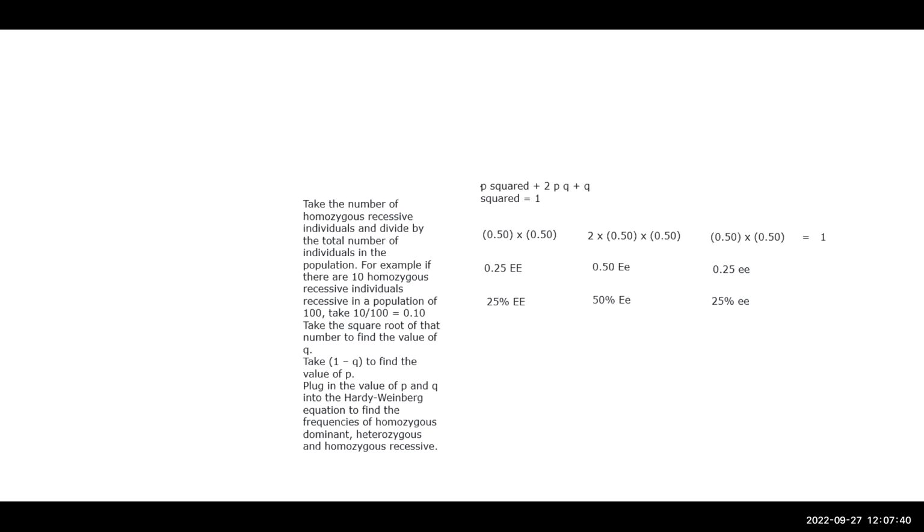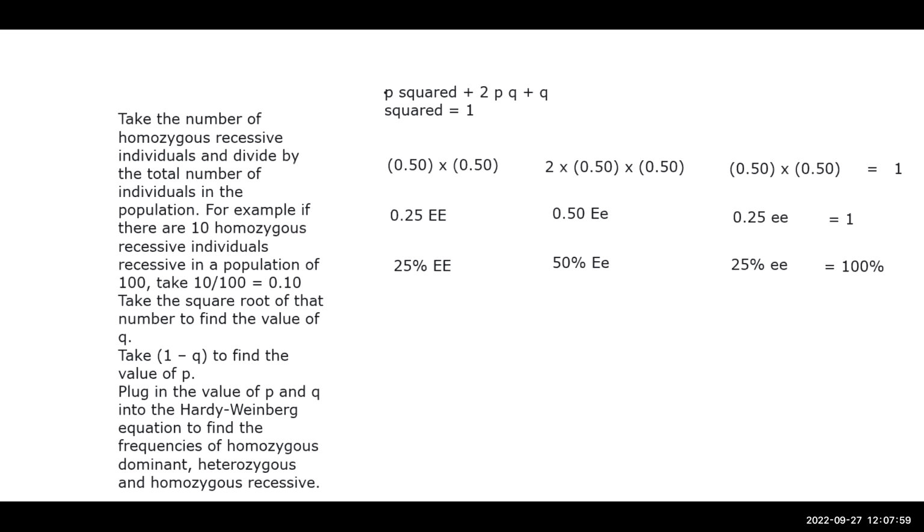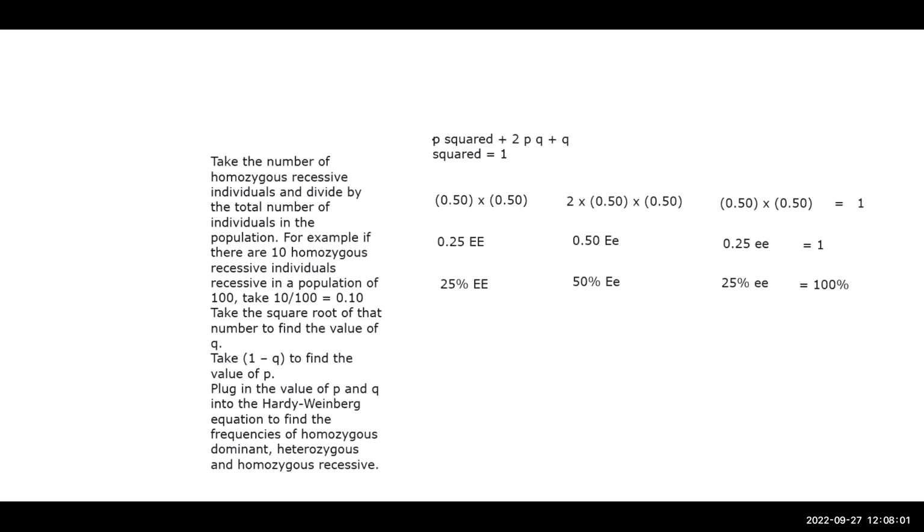And we also know that 25% plus 50% plus 25% gets us back to 100% of our breeding population. All the Hardy-Weinberg problems that I give you, the frequencies will always equal 1, and the percentages will always equal 100% of the breeding population.